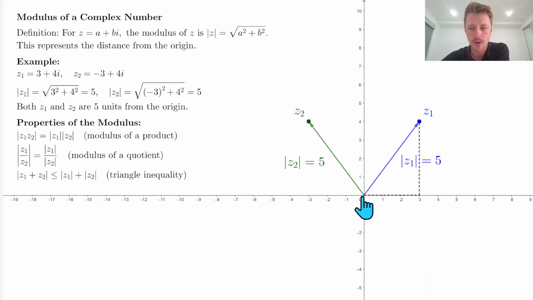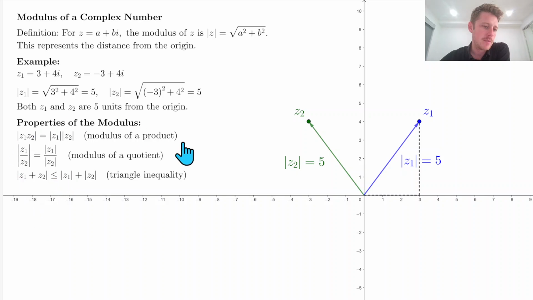We're just basically finding the length of the hypotenuse. So the square root of 3 squared plus 4 squared is the square root of 25, which is just 5. So you'd say that the modulus of z1 is just 5. It's basically the length of this blue line. Same deal over here. If we had negative 3, 4, then this would also have a length of 5. So we'd say the modulus of z2 is also 5.